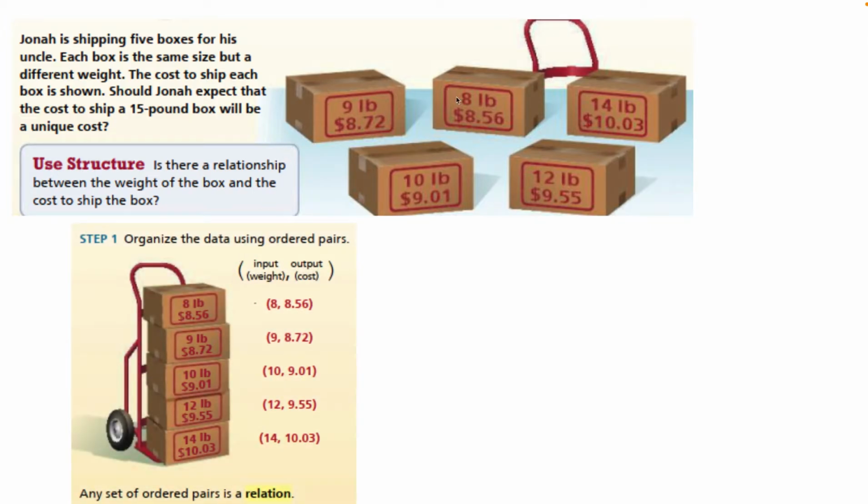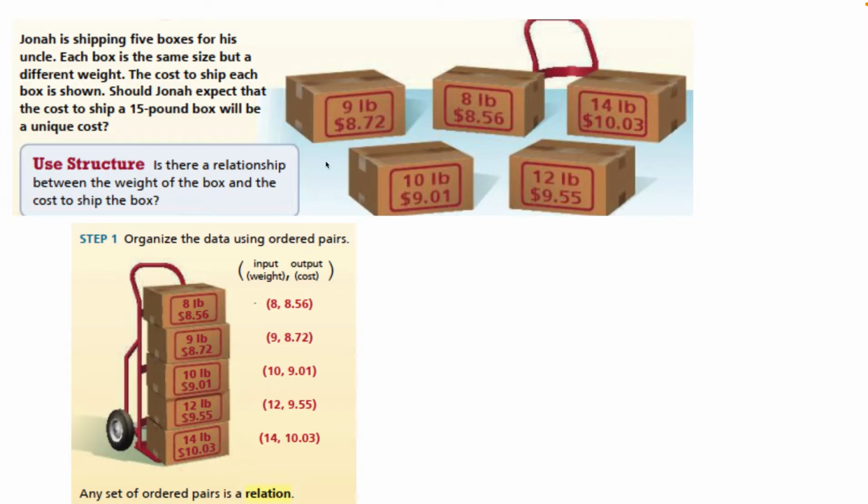Step 1, you can organize the data using ordered pairs. If you are not familiar with ordered pairs, you can think back to middle school and high school. In the parentheses you put the x value first, comma, and the y value. That is an ordered pair. So you put input first, then the outcome using a certain rule.